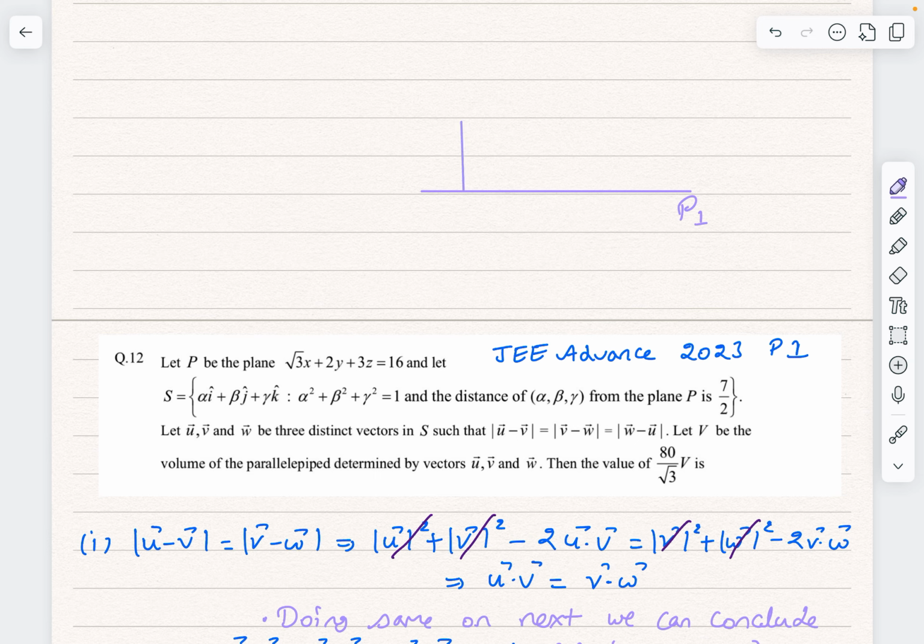It will come out to be two parallel planes at a distance of 7 by 2. Like one is up, one will be down. So all the points which are located at a distance of 7 by 2 from plane P1 will lie on either P2 or P3. And all these three planes are parallel to each other.